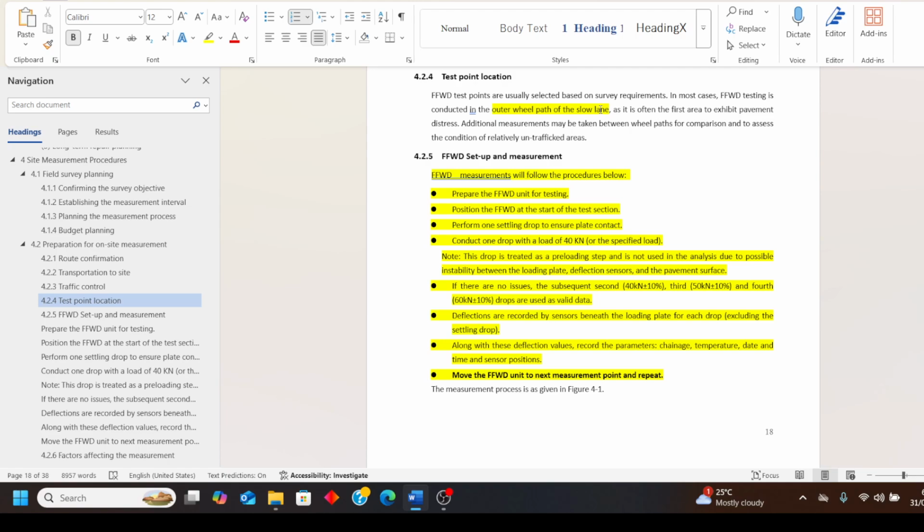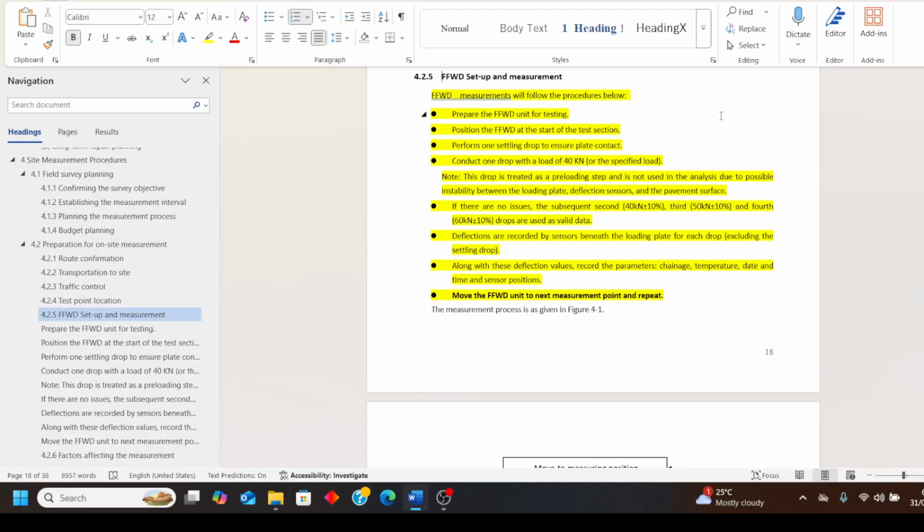However, additional points could also be between the wheel paths for comparison purposes, and in less trafficked areas to see how pavement behaves without heavy traffic loads. Proper marking of test points ensures consistency in repeated measurements and future monitoring.